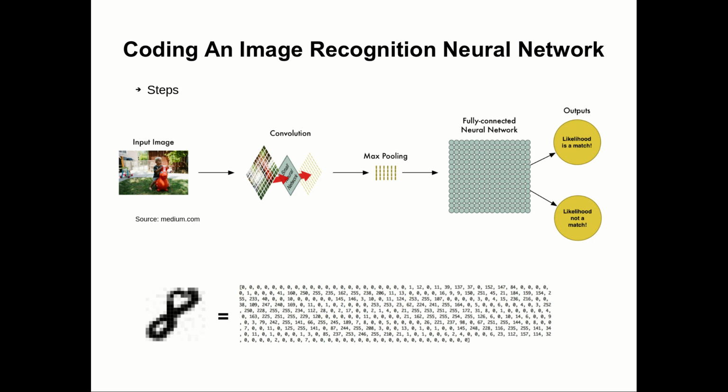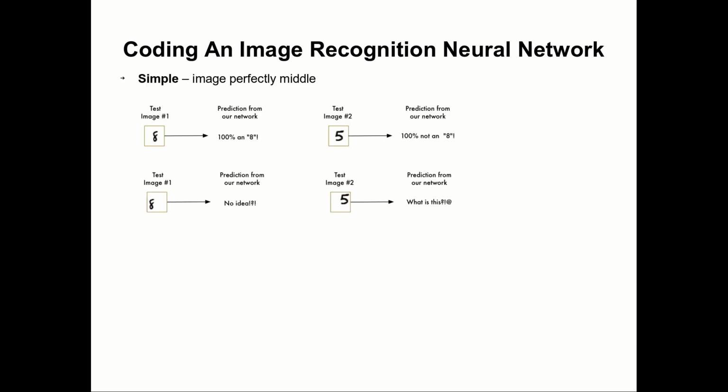Okay, so this image is not passed as we see it, but to a computer we pass it as values, okay, numbers, and in AI these are normally referred to as tensors.